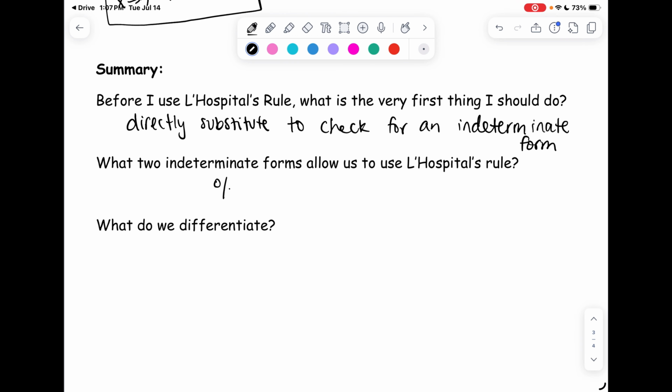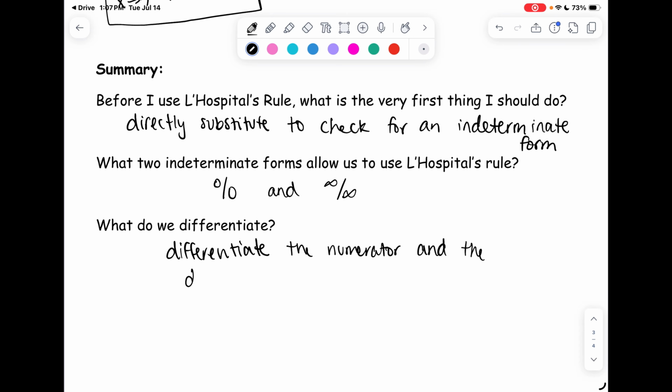Hopefully a student would tell me 0 over 0 and infinity over infinity. And then what do we differentiate? We differentiate the numerator and the denominator individually.